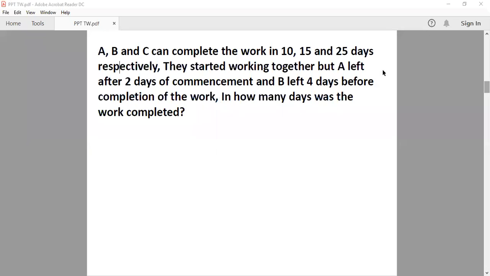Someone asked a doubt that in the previous question, can we do that with another method? Yes, you can obviously do it with the fraction method, but that will just complex your calculation a bit. If you want, I'll do it for you guys, but it is really not necessary.